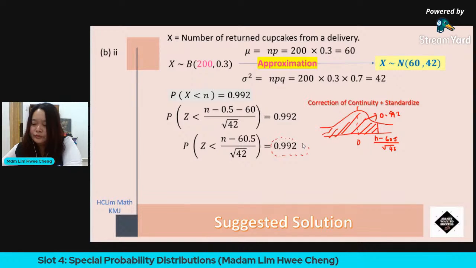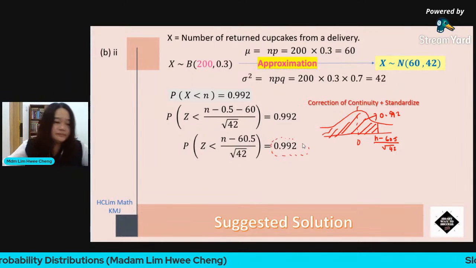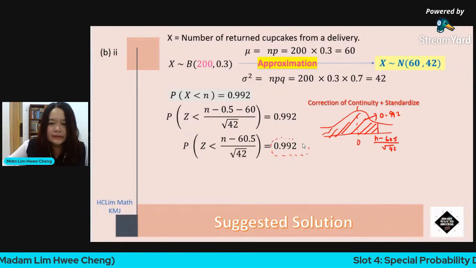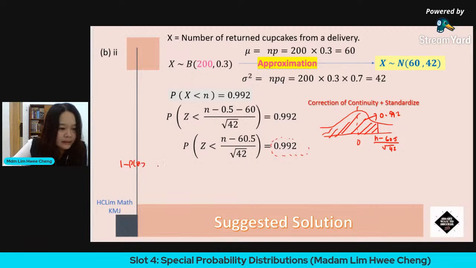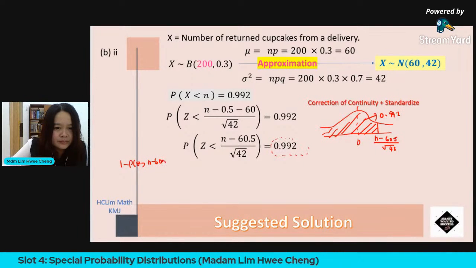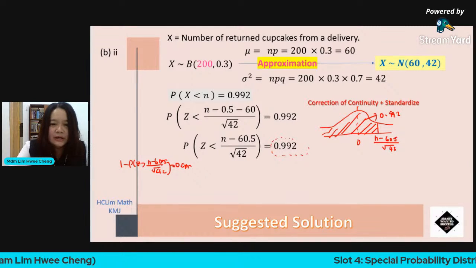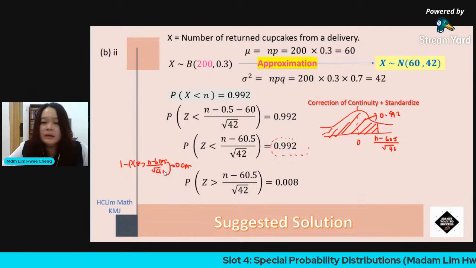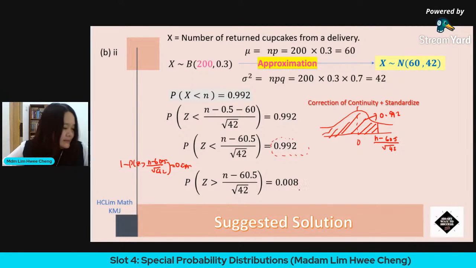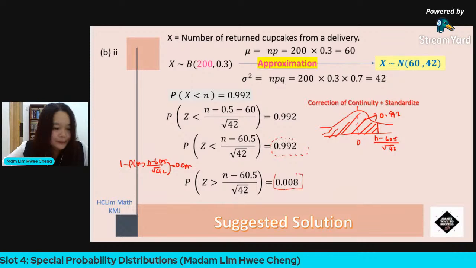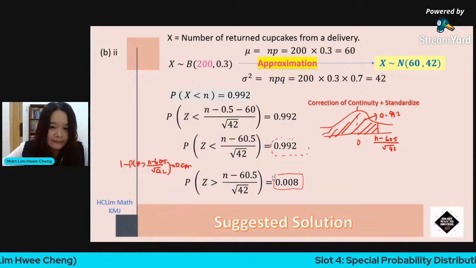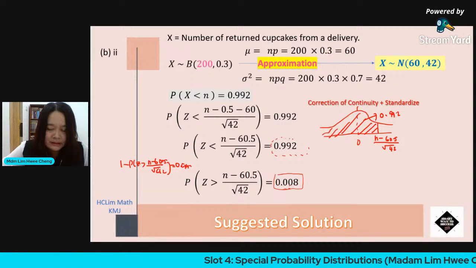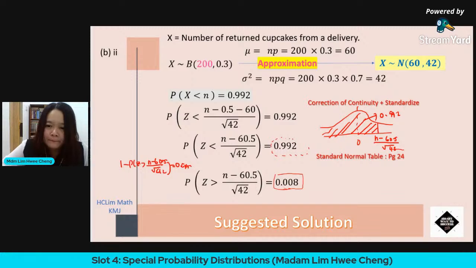Okay, so I have to do the adjustment. 1 minus. So I have to use 1 minus. Okay, 1 minus P(Z greater than n minus 60.5 divided by the square root of 42) equal to 0.992. I rearrange. Only then I get the Z, 0.008 here. So then I read this. Okay, so to do this, I suggest that during the exam, if you want to read in reverse, you may go to page 24.